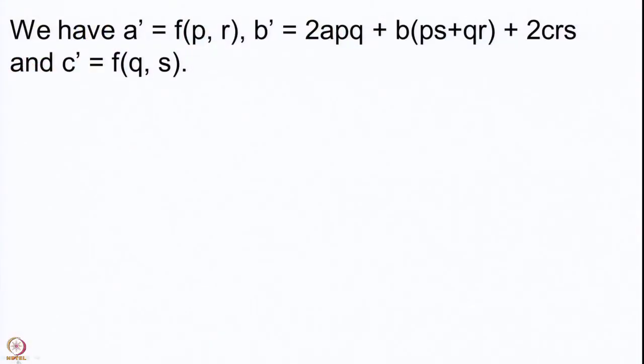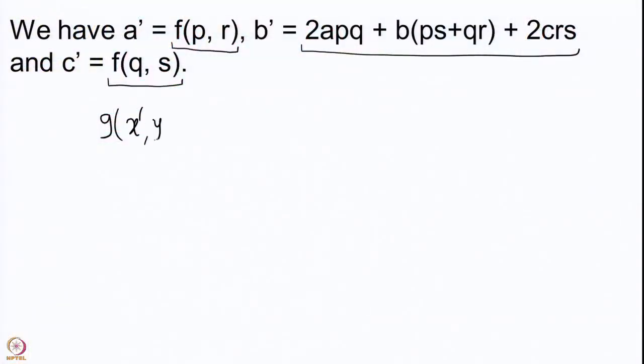A prime is the earlier integral form evaluated on p and r, and similarly c prime is also given by the same integral binary form evaluated at q and s. B prime has a slightly complicated expression, but we will come to handling b prime also soon. So, let us start doing computations and let us see what we get.